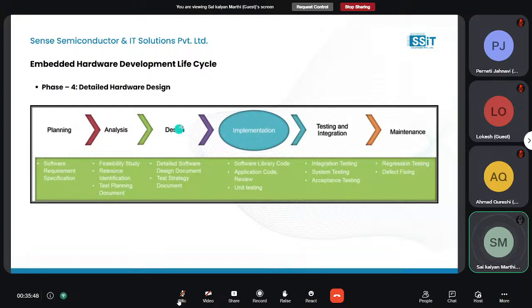So here the design is all the parameters that we need to consider, all the timings we need to consider, like how much time we need to scan the data, and then we are going to process it. What is the process that we need to do?